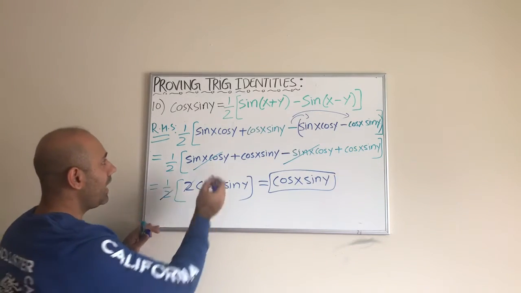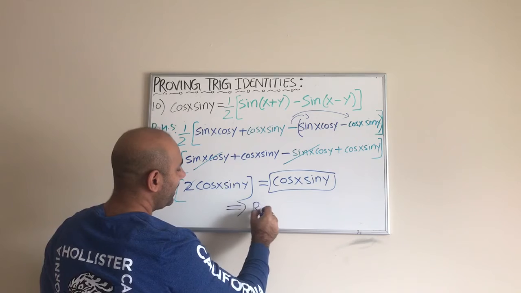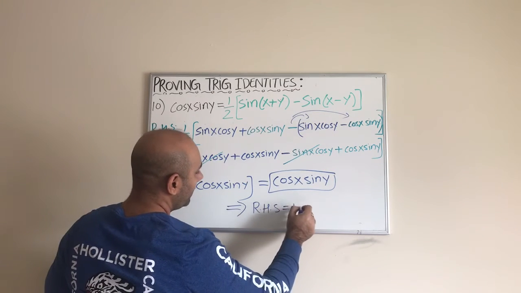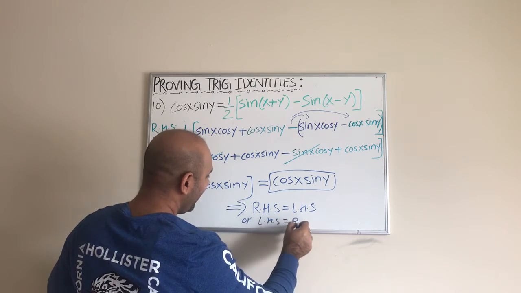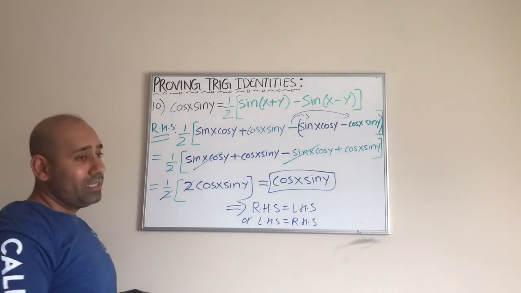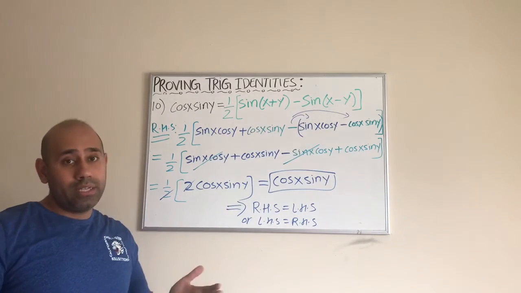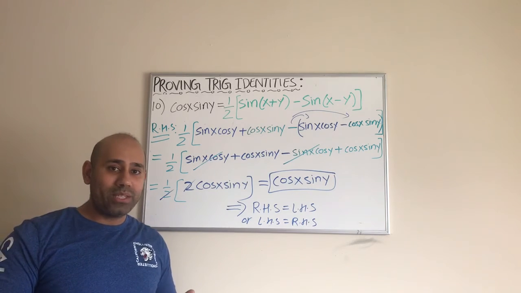Okay, so by doing all this work, we can conclude that the right hand side equals the left hand side, or if you want to put it that way, the left hand side equals the right hand side, that is the same thing. So we were able to verify this identity as well. Okay, so guys, we did 10 examples on this.